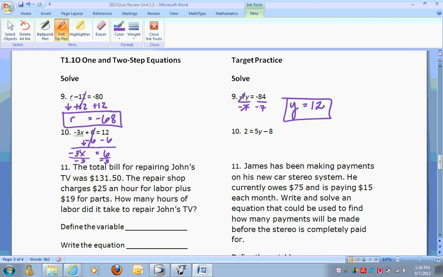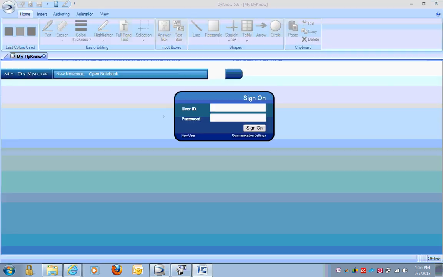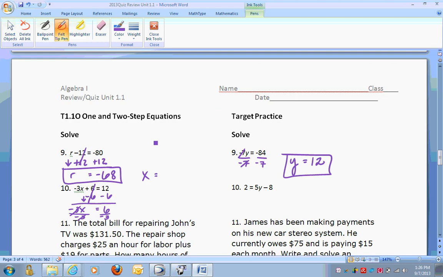So that negative 3 cancels out and the variable's left by itself. X equals, and then 6 divided by negative 3 is negative 2. I'll write it off to the side. So X equals negative 2.